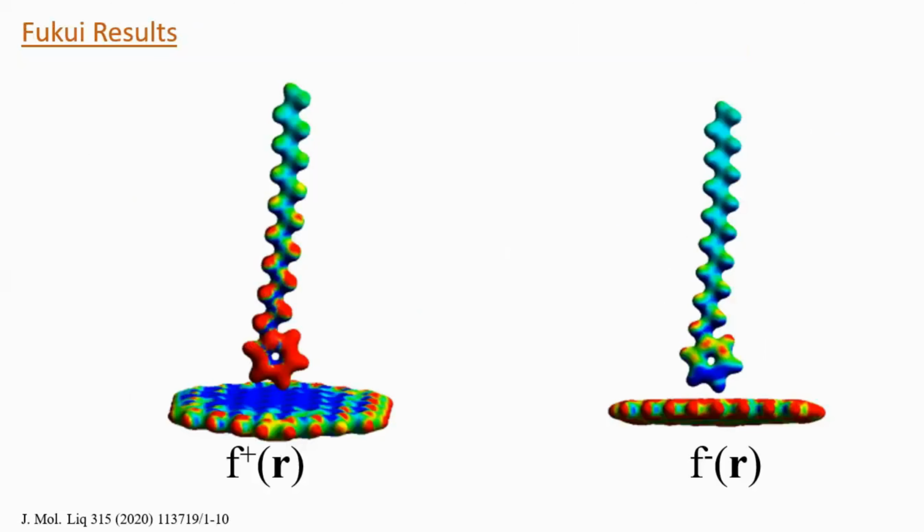Now we have computed the Fukui function. Here you can see pyridinium, right? It's a cation, therefore this cationic portion is present here. Therefore, electron addition is feasible, but electron removal is not that visible because it is a cation, right? So here there is less probability to release the electron. Again, it matches with the experimental assumption, and the Fukui results are matching.